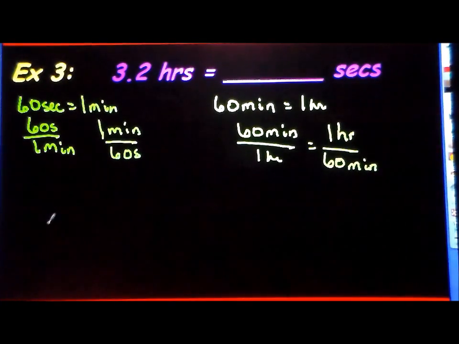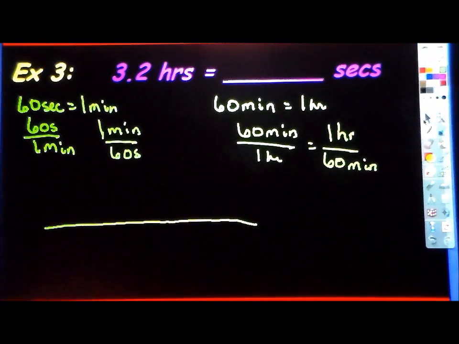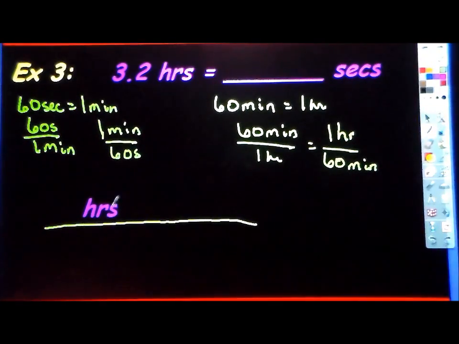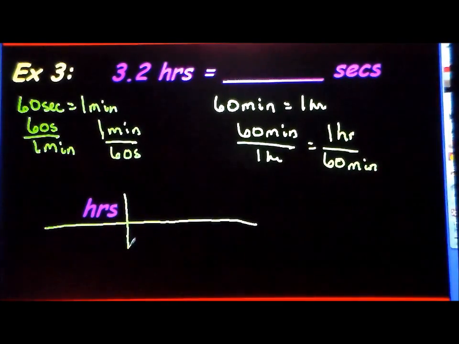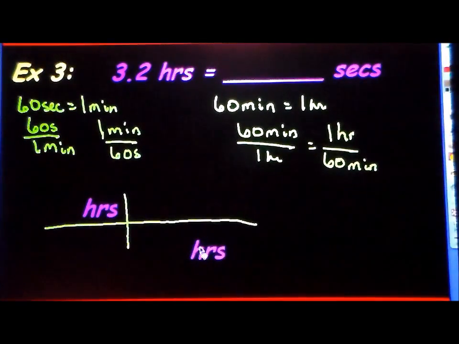So now, let's set up our problem. This is what we're starting with. So that means we have to start with hours. So I'm going to need a line there to give me hours, but that means I need hours on bottom so that they will cancel out.